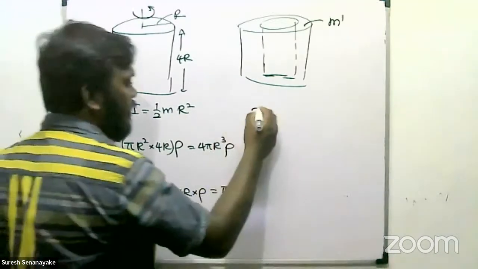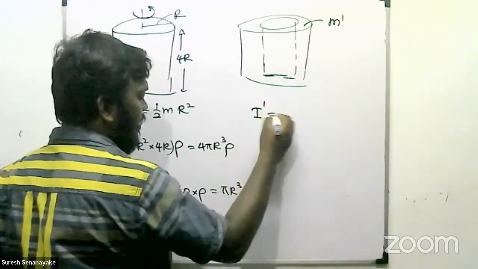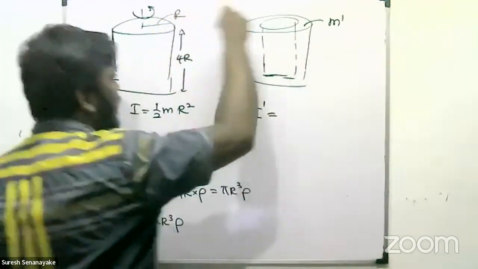This is the moment of inertia of the remaining one, I dash, about the same axis.